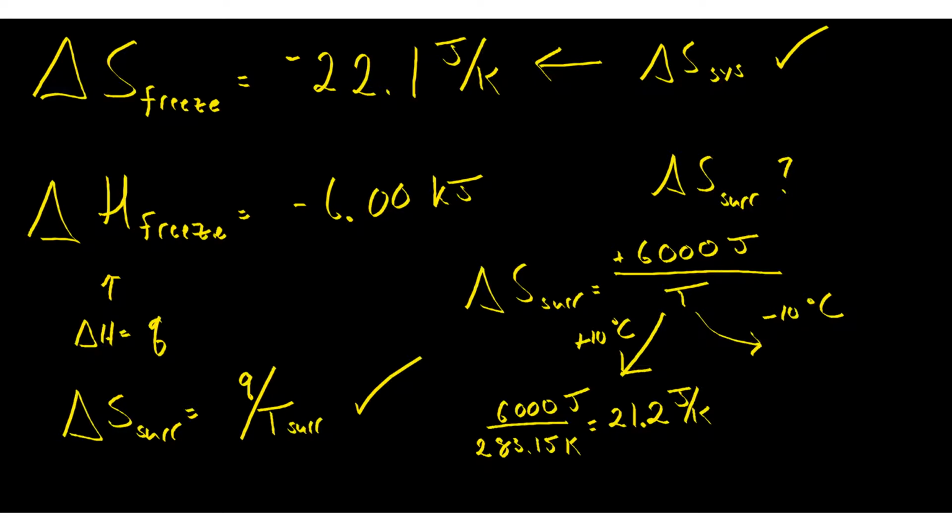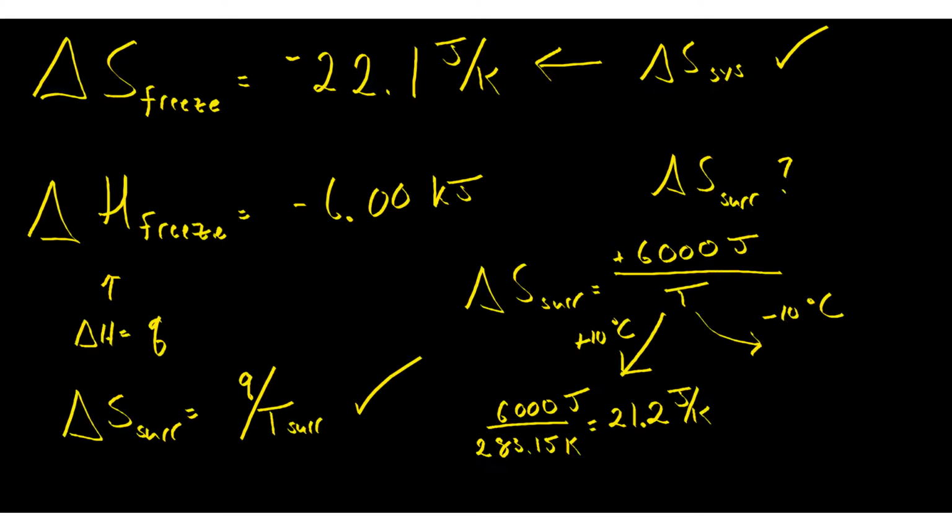Okay, remember this. Pay attention to your units. That's very important. Entropy is reported in joules per Kelvin. So 6,000 joules divided by 283.15 Kelvin. Remember, absolute zero is negative 273.15 degrees Celsius. So 0 degrees Celsius is 273.15 Kelvin, or positive 10 degrees Celsius is 283.15 Kelvin.